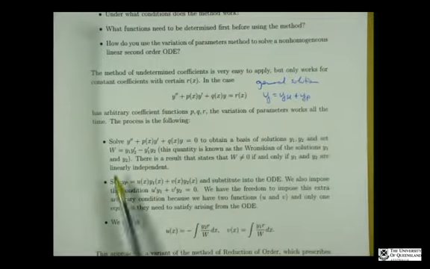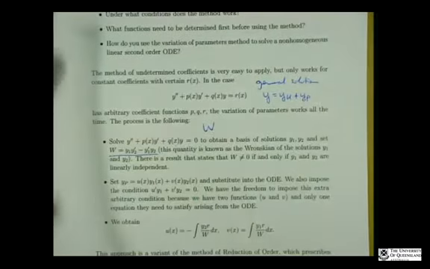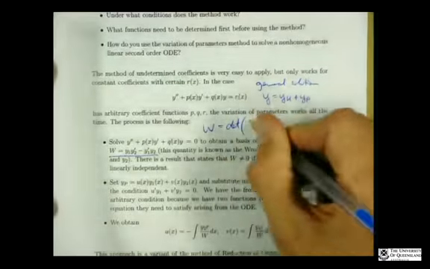And then we introduce this quantity W, which is known as the Wronskian of solutions. I'll just point out that the Wronskian as defined here is actually the determinant of a 2 by 2 matrix.